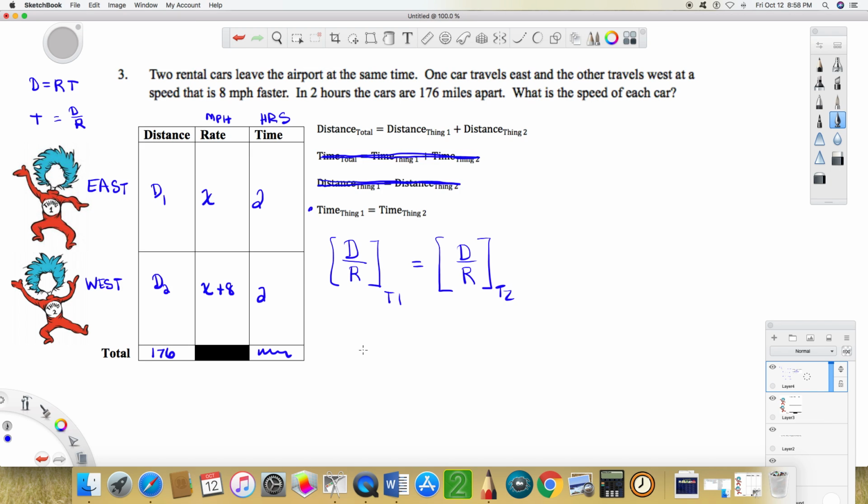And for the rates, we have expressions for those. For thing 1, we said its rate was x, and for thing 2, it was going faster at x plus 8.